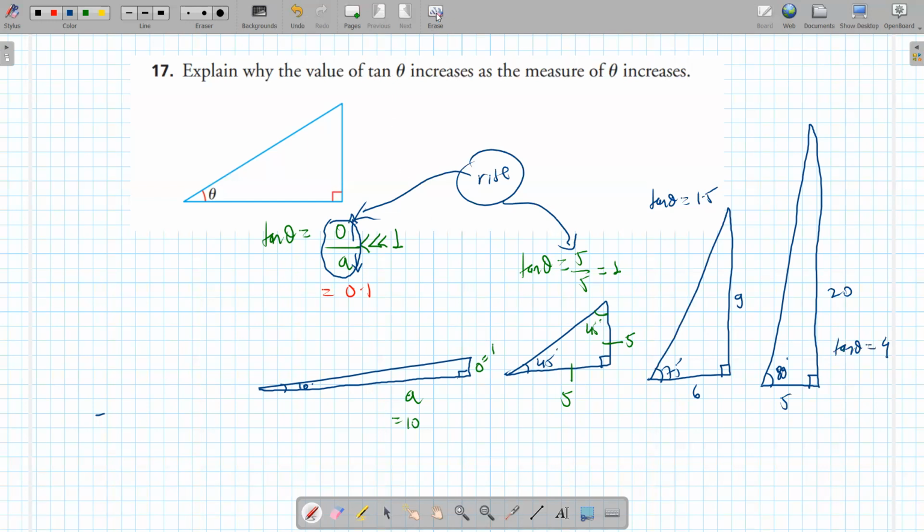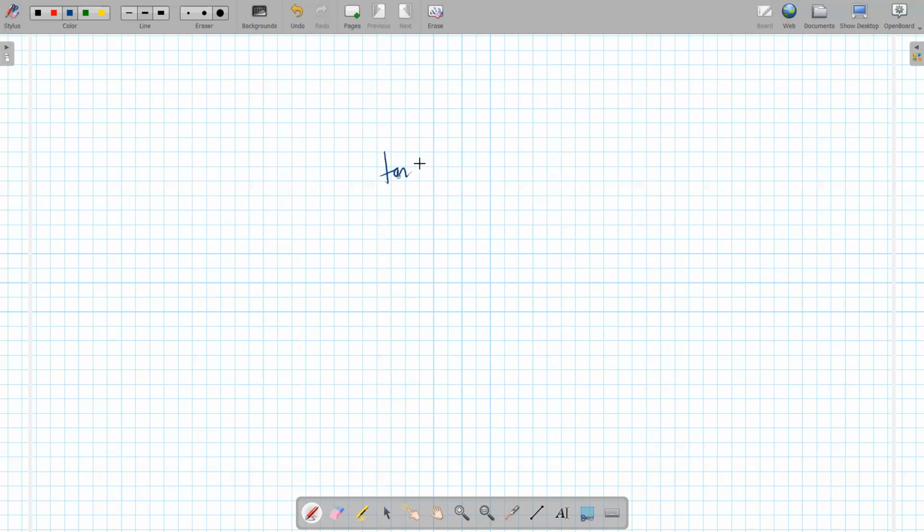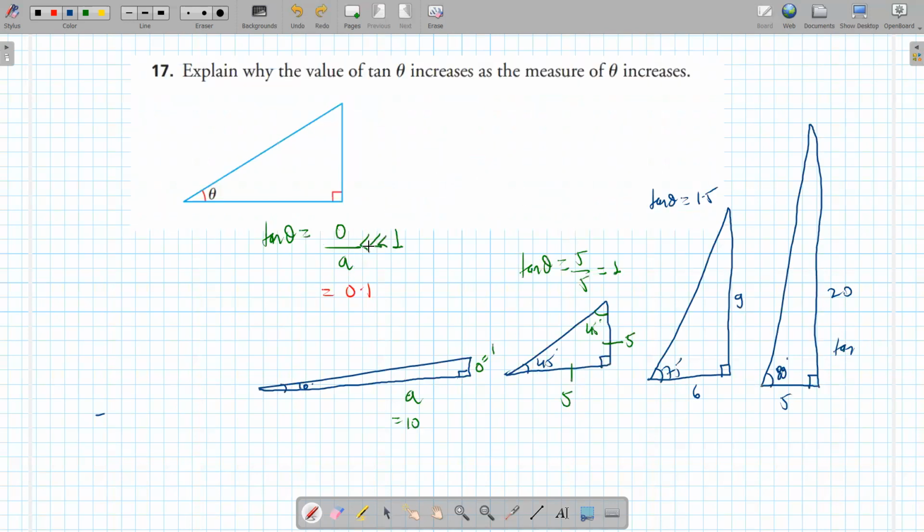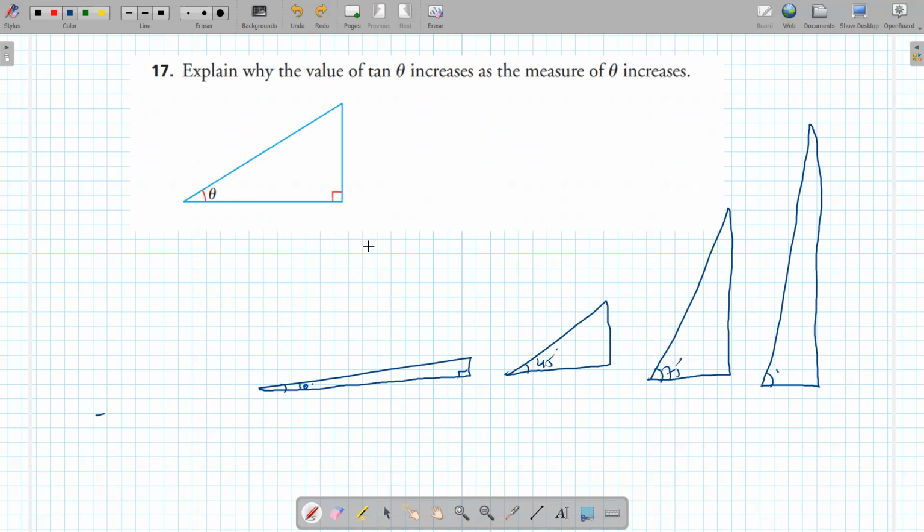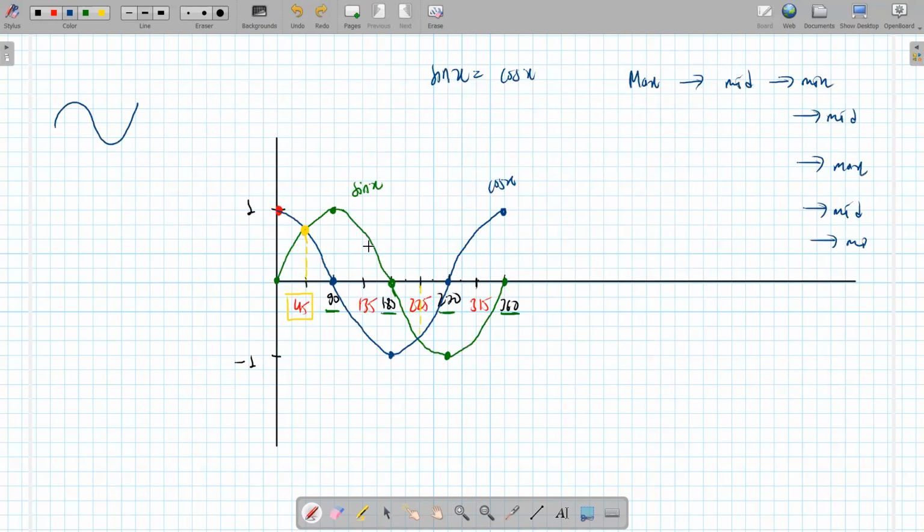What's tan of 90? Let me see if I can go back to something that'll help us see what tan of 90 is. Tan is sine divided by cosine. So tan of 90 will be sine of 90 divided by cosine of 90.